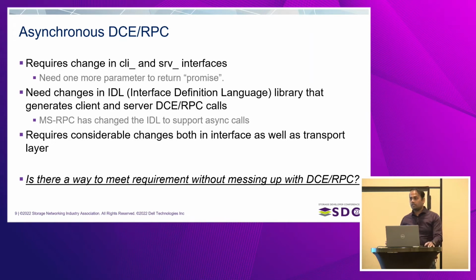We also tried asynchronous DCRPC. DCRPC is synchronous as of now, every bit and piece is synchronous. We tried asynchronous DCRPC wherein we put an additional parameter in every DCRPC call that would return a so-called promise, which holds the future for this particular call.